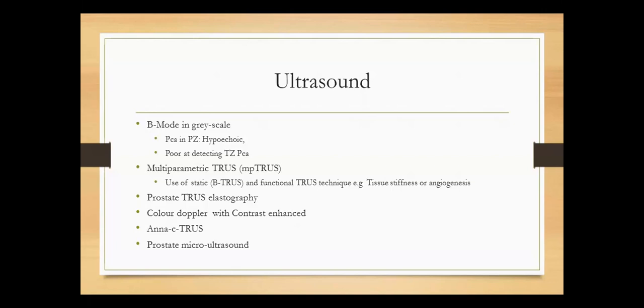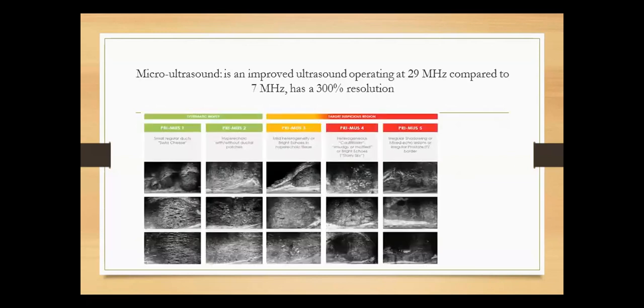It has other components such as color Doppler with contrast enhancement, which they're still looking into, but it's showing promise with regard to diagnosing or suggesting prostate cancer. The latest development is the prostate micro ultrasound, which I'll go into a bit now. As said before, it has 29 megahertz.